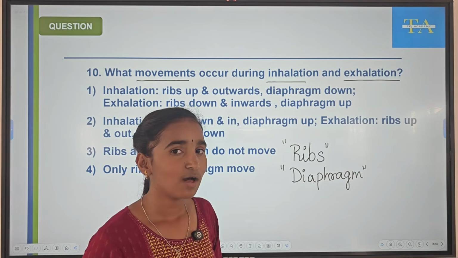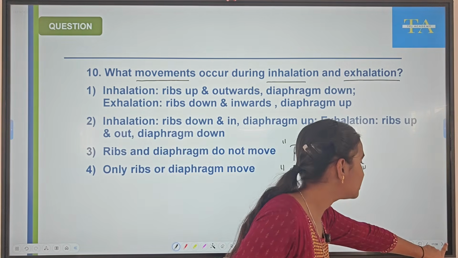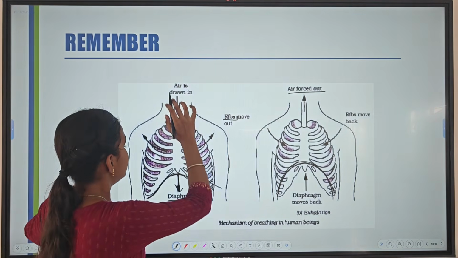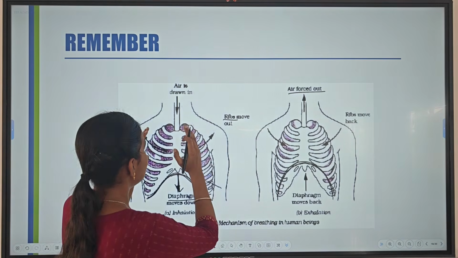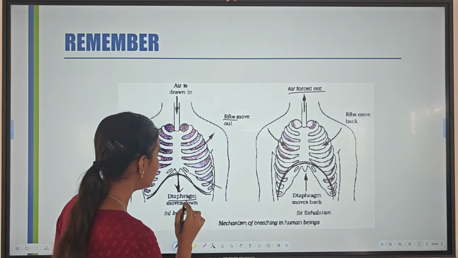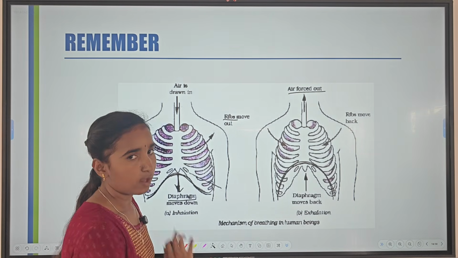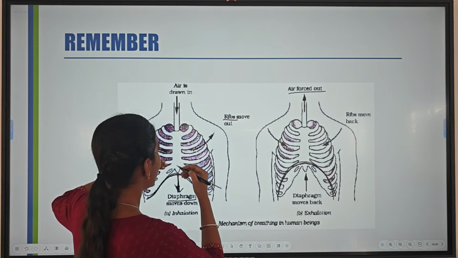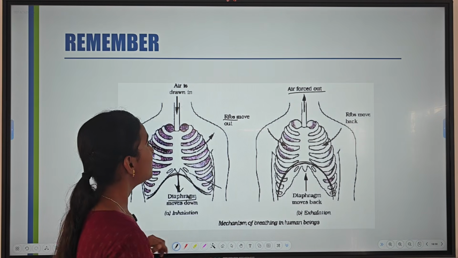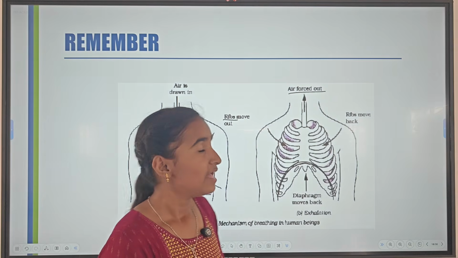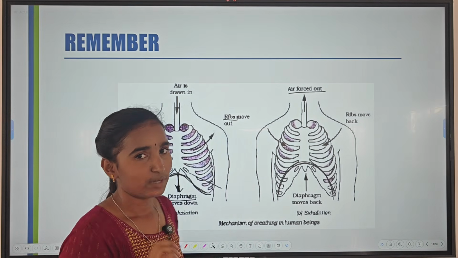How do they move? See here. During inhalation, the ribs move outwards and upwards, and the diaphragm moves down. Hence, more space in the chest cavity is created for the air to accumulate.